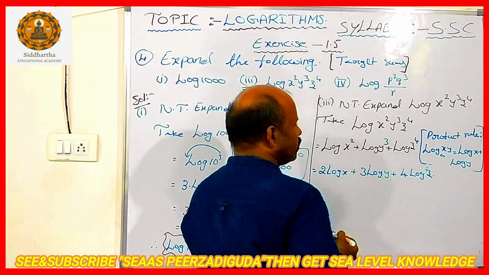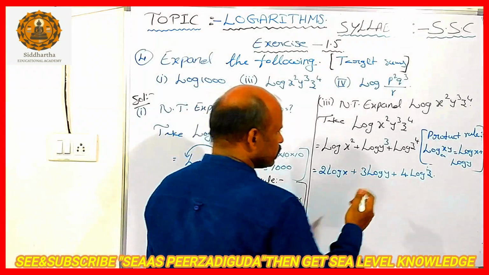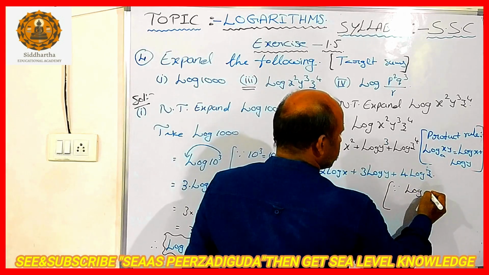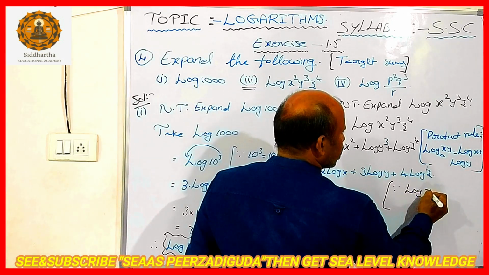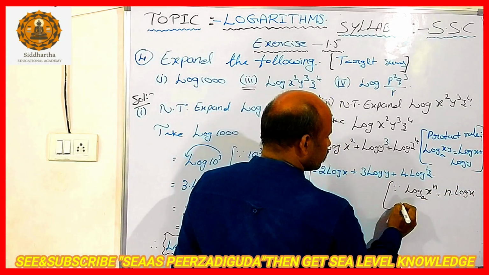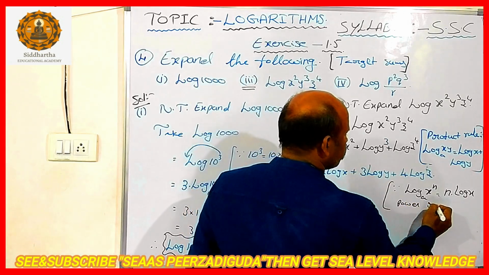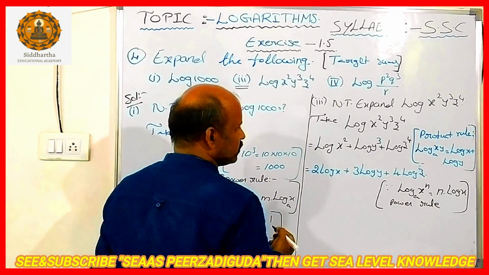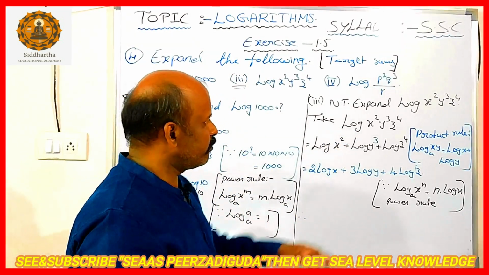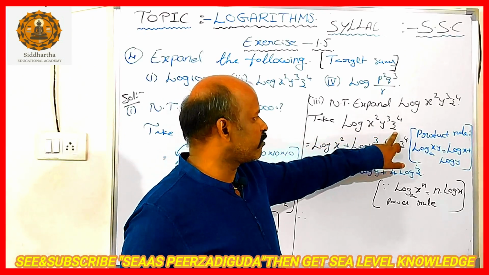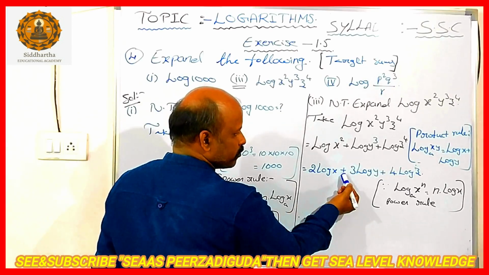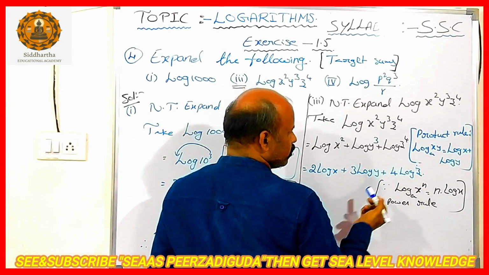Which formula is used over here? Log x power n base a is equal to n log x. Which rule is this? Power rule. So therefore the expansion of log x square y cube z power 4 is 2 log x plus 3 log y plus 4 log z.